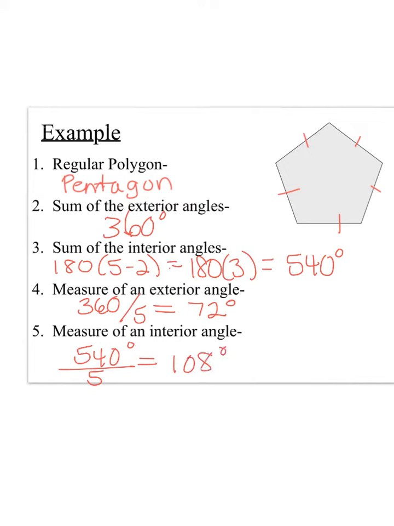So each interior angle is 108 degrees. And the measure of an exterior angle at each one of these interior angles is 72 degrees.